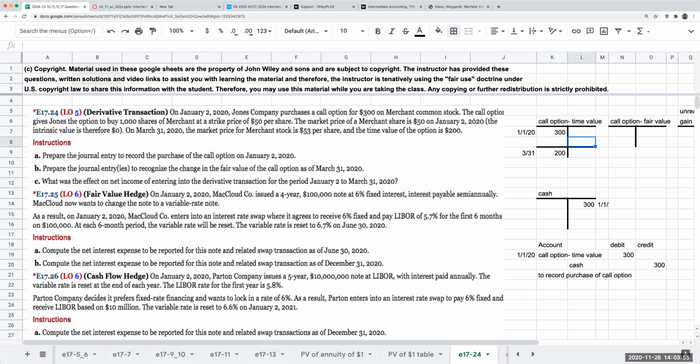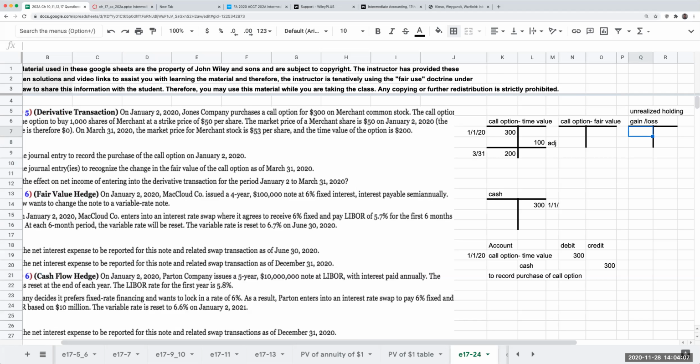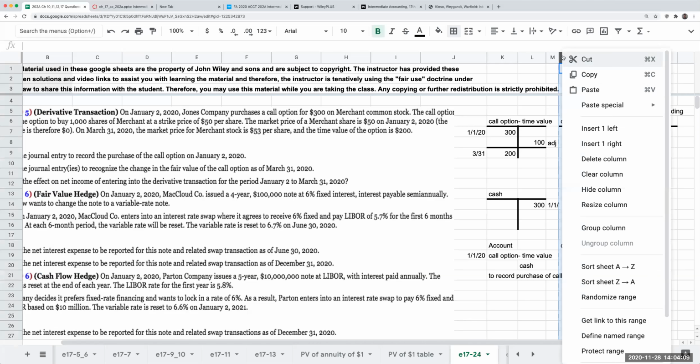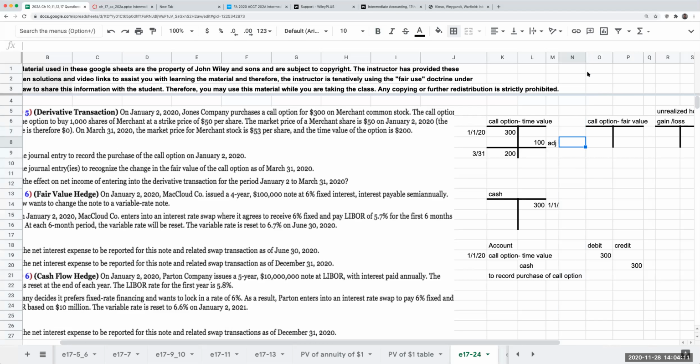So this is at 200, and I'm going to have an adjustment for 100. This is going to impact my unrealized holding gain or loss.